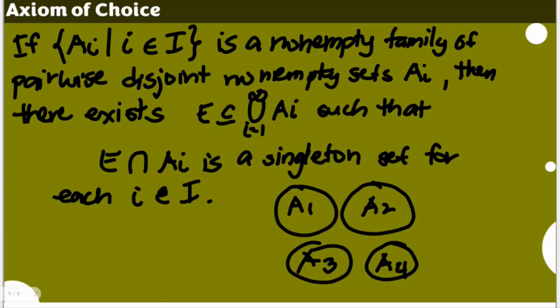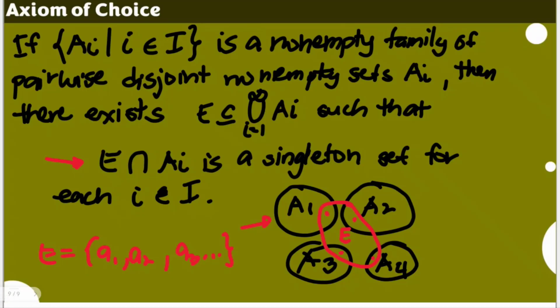If we have here a certain E, a certain set where the intersection of any of those A sub I is a singleton, that would mean if I am going to have something like this here, there's only one element connecting them. So this would mean that, say for example, A sub 1 is the intersection of the set A sub 1 and this E. We have also A sub 2 for this, A sub 3, and so on and so forth.